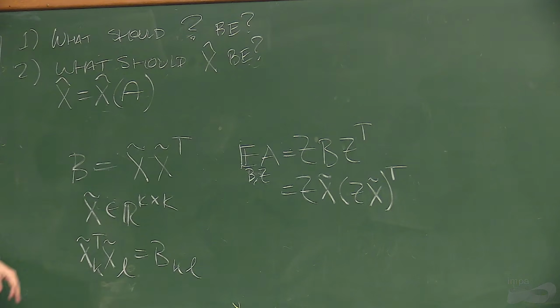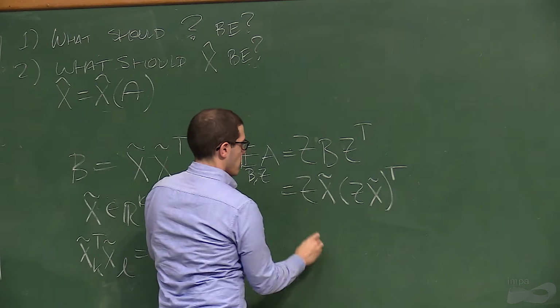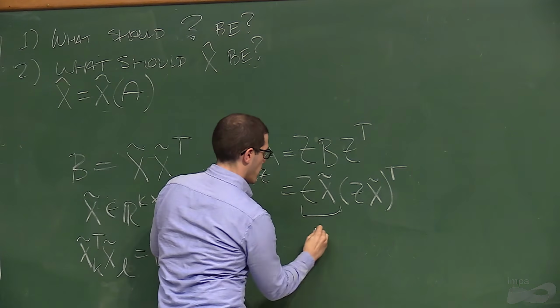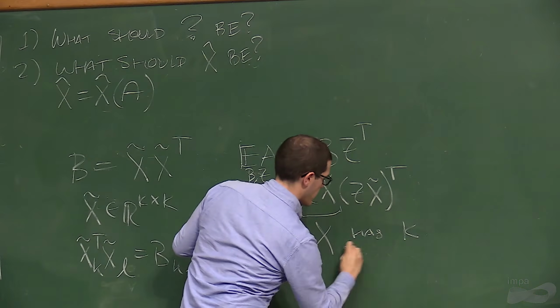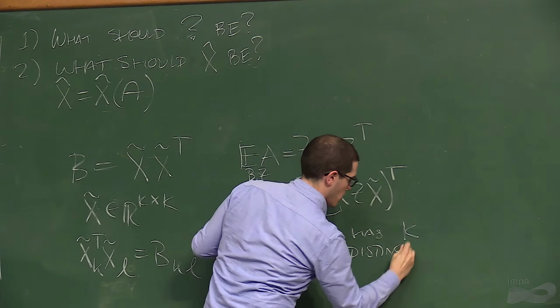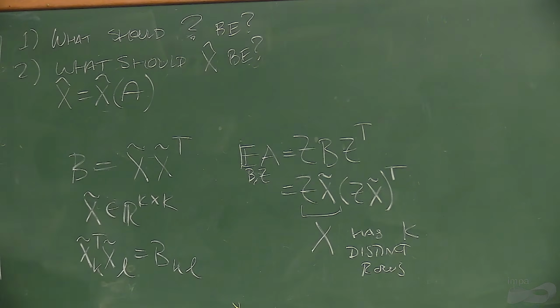That is precisely reflected in the rows of this matrix. So this would be our X, and it has exactly k distinct rows. Is that reasonably clear? That's the special case of the SBM. In the more general cases, things are a little wonkier and you have to do more symbol manipulation, but the intuition is easiest to see here.